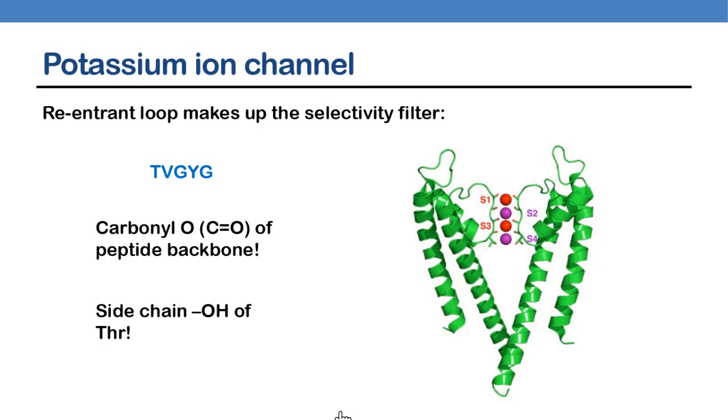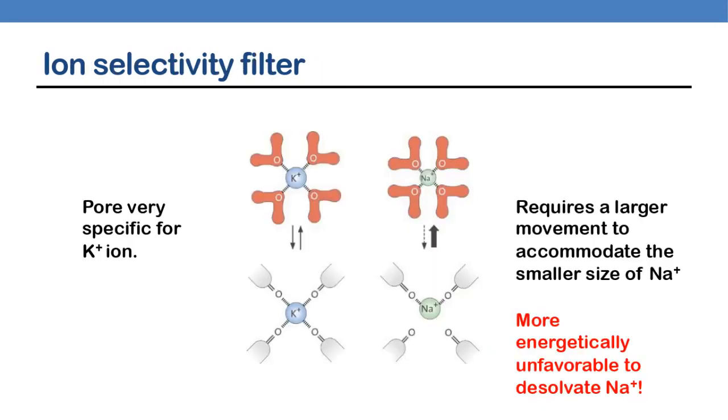So to answer your question of how the differences between these different loops pertain to the specificity: the potassium ion is usually going to be coordinated or hydrated by water molecules, so it has a water shell around it.